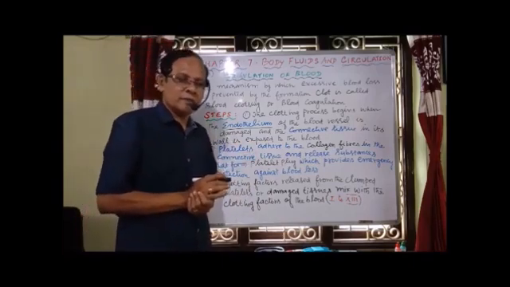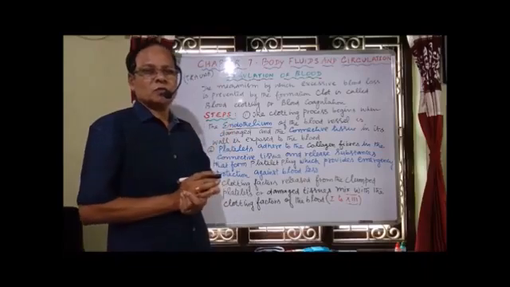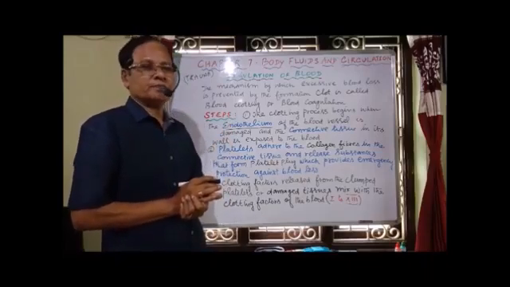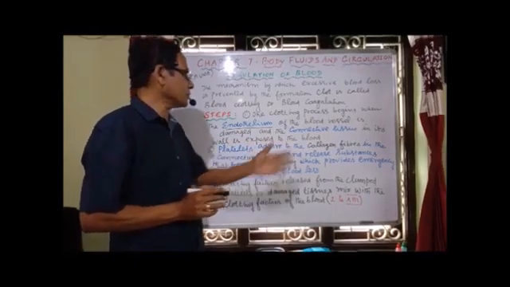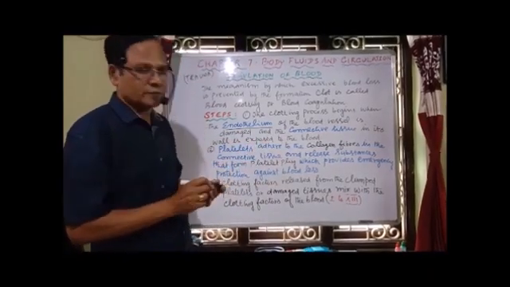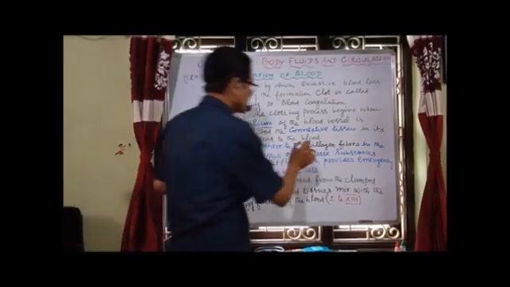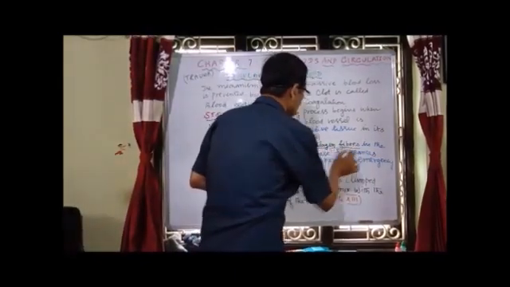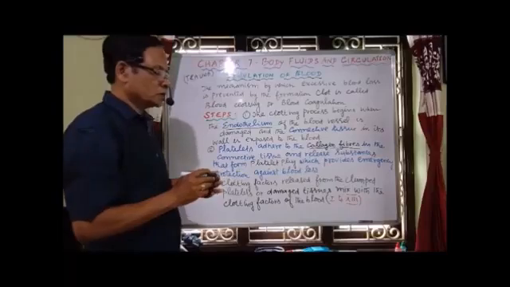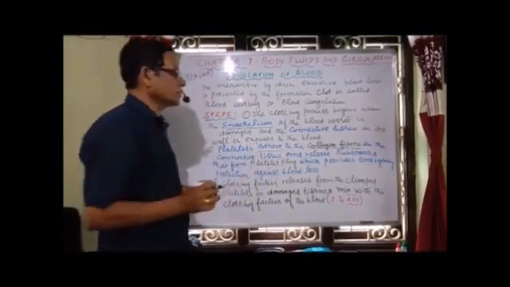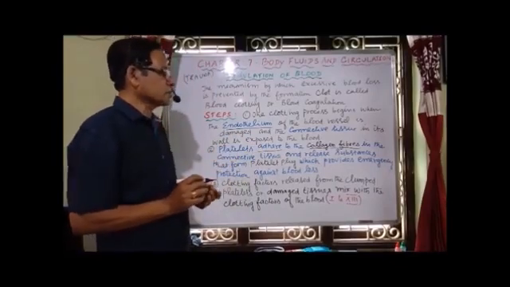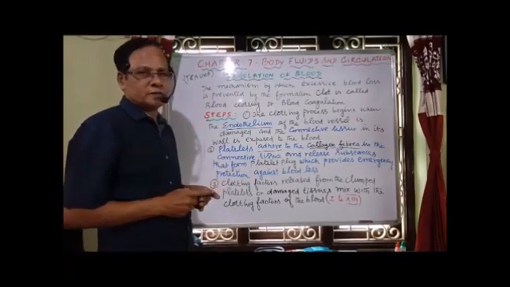As a result, what is happening? The platelets, one of the components of the blood, adhere to the collagen fibers. The collagen fibers are fibrous proteins found in the connective tissue. The platelets stick to the collagen fibers and release substances.